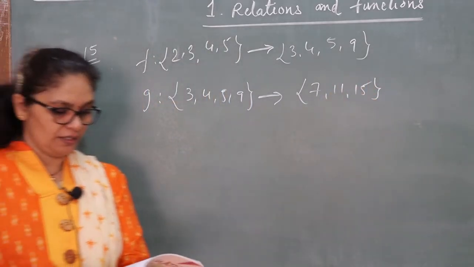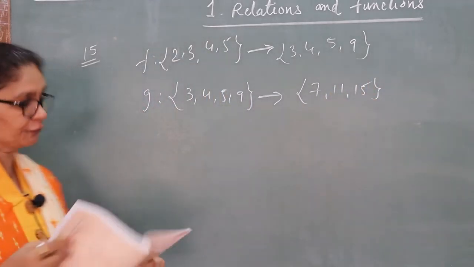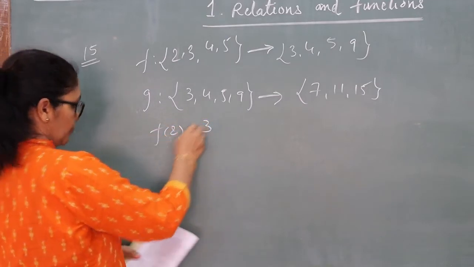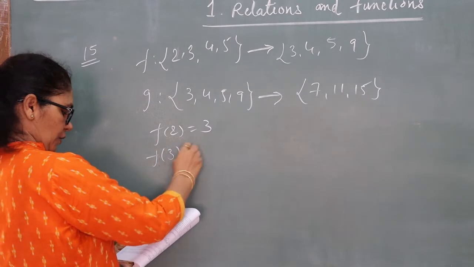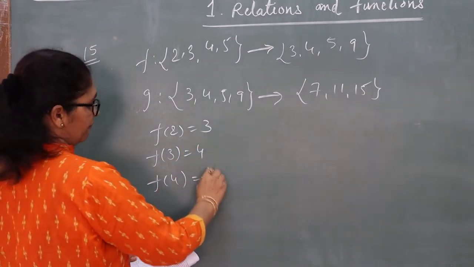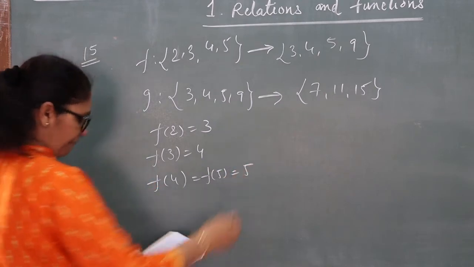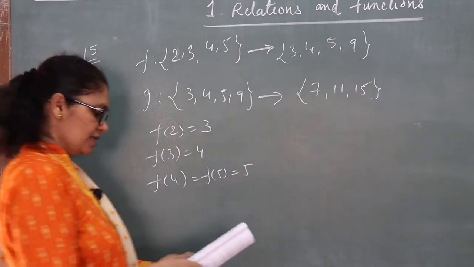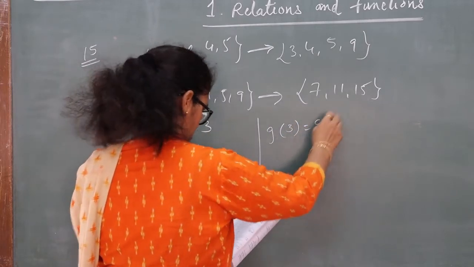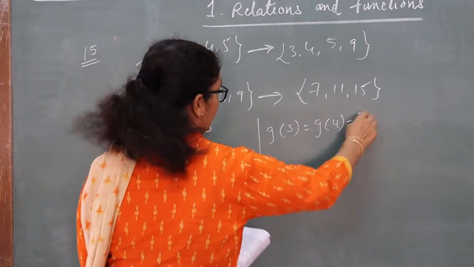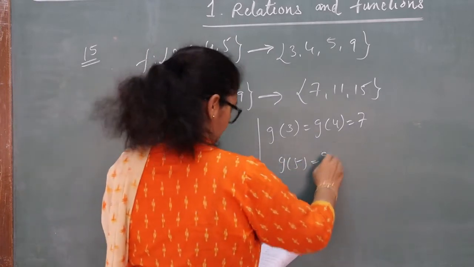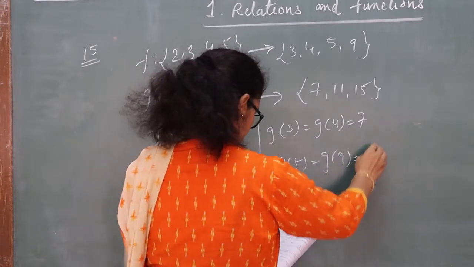The function is defined as f of 2 equal to 3, f of 3 equal to 4, and f of 4 and f of 5 both are 5. And another is given: g of 3 and g of 4 are 7, and g of 5 and g of 9 both are 11.